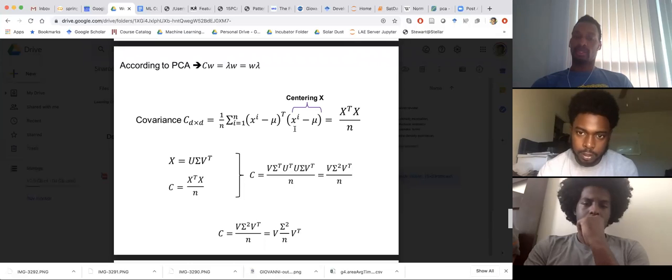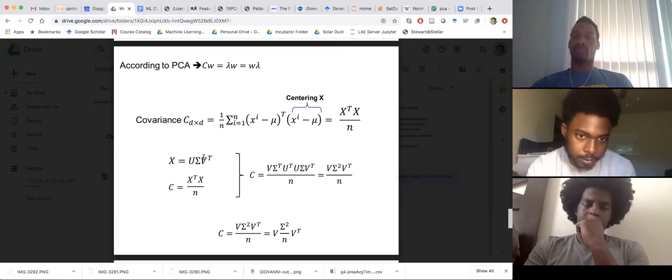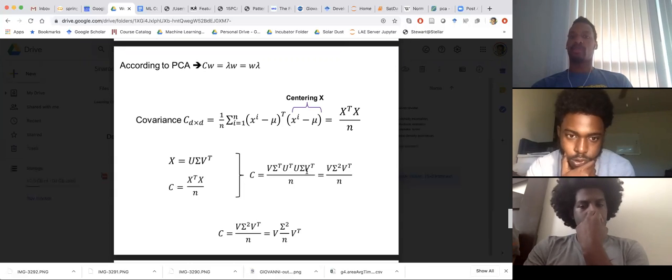Oh, I see. And then taking big X and finding the singular value decomposition of it gives you this U sigma V transpose. And then you know that X transpose X you can just write as this big thing here. Then, using some properties of the singular value matrices, that they're orthonormal, basically meaning that this U transpose U is going to be the identity matrix, right?